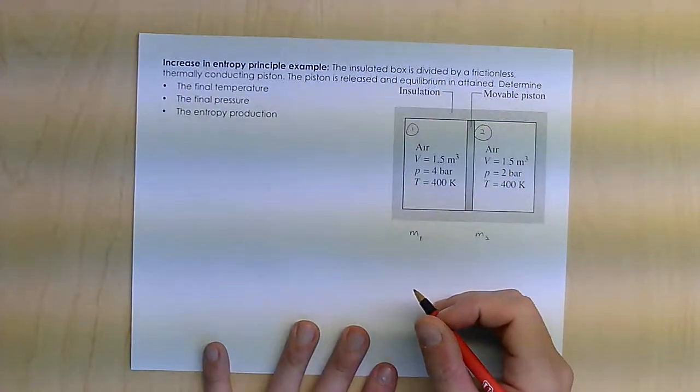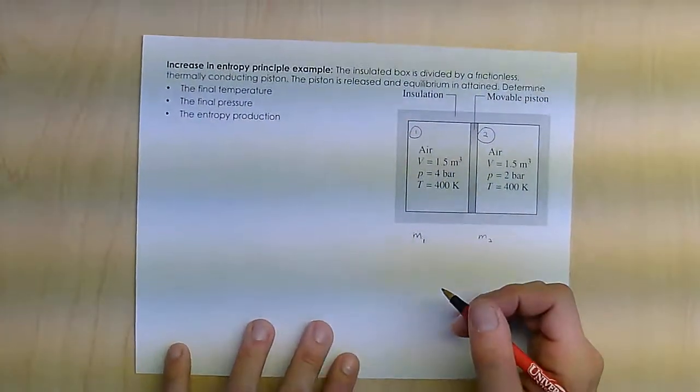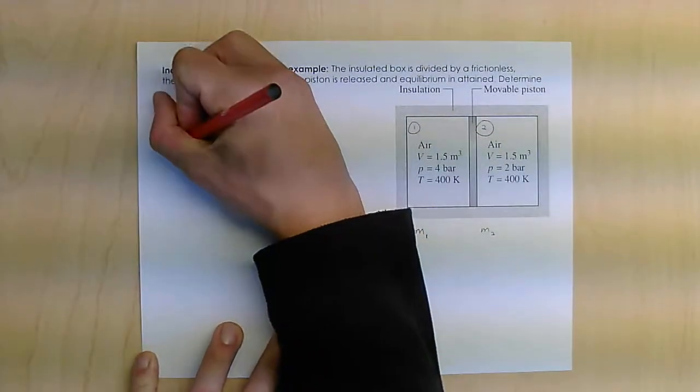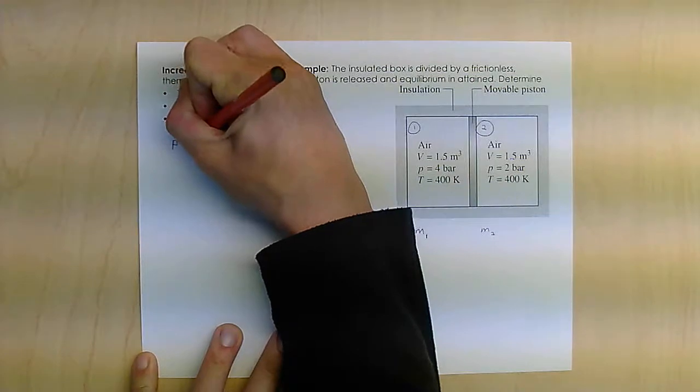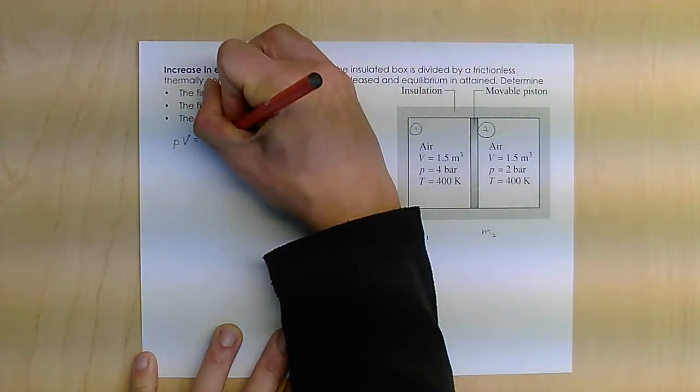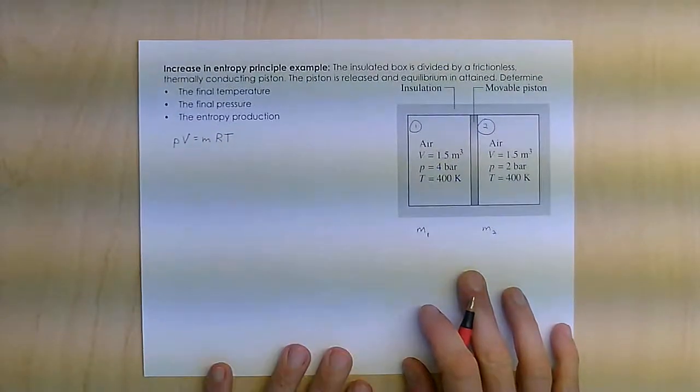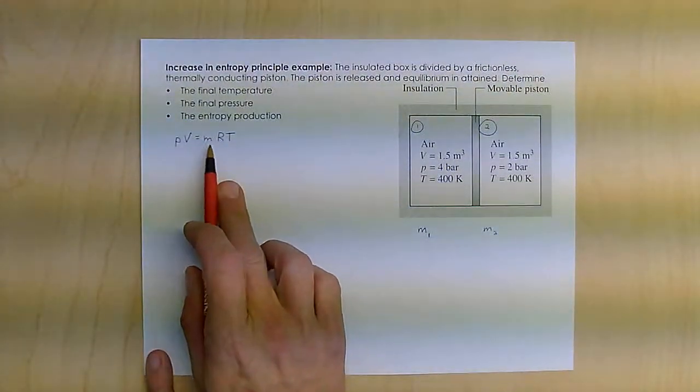To do that, I'm going to use the ideal gas model, PV equals mRT, for the air that I have here. So I'll solve for m.